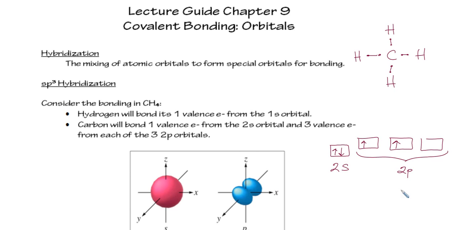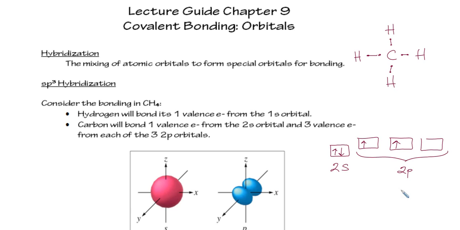In my Lewis structure, it looks like we're going to share those valence electrons with the electrons of hydrogen, and everybody's all happy. But now look at where those 4 valence electrons on carbon are coming from. I've got some valence electrons in an s orbital and some in a p orbital. And if I think back to early atomic structure, p orbitals are supposed to be a little higher energy, right?